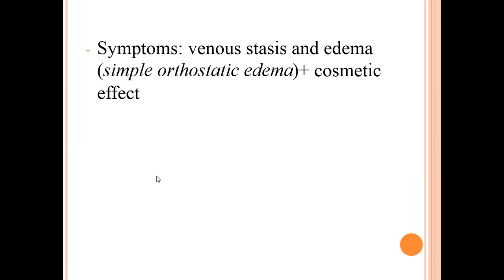Symptoms of varicose veins vary from patient to patient, and they can vary according to the location and the severity of the condition, and they include venous stasis, edema of the affected limb, simple orthostatic edema, and of course the cosmetic effect of this problem, which is a major complaint in some patients.